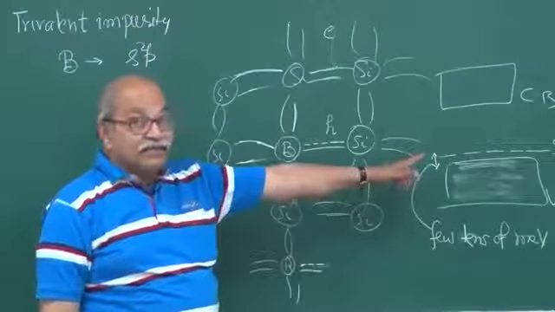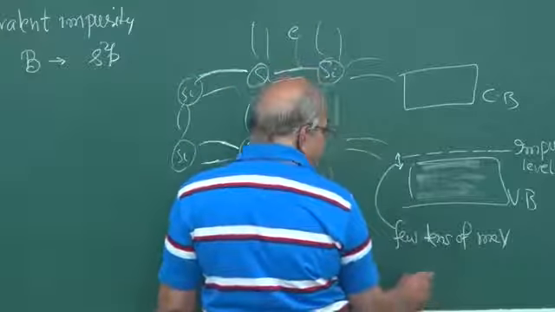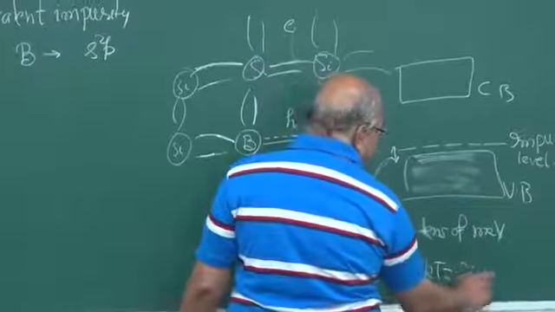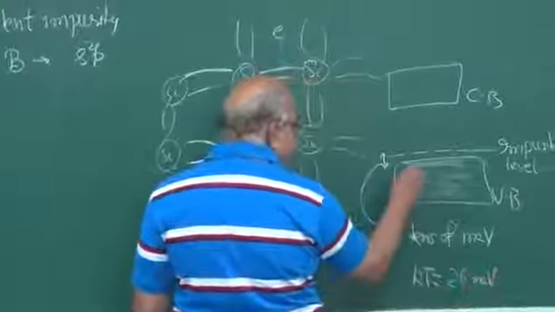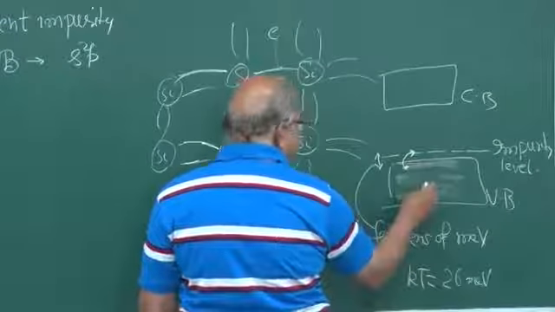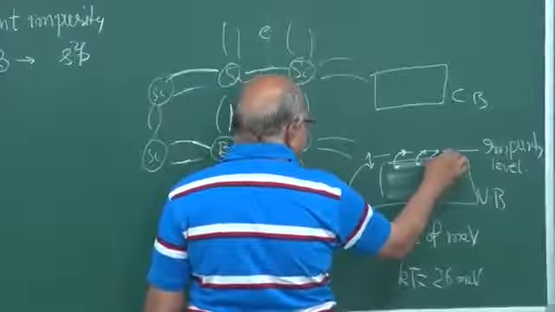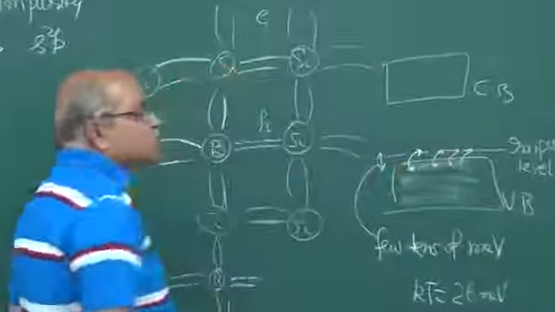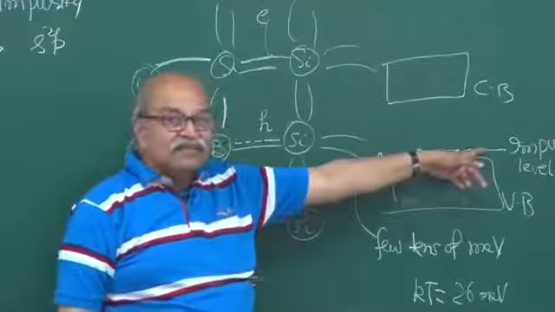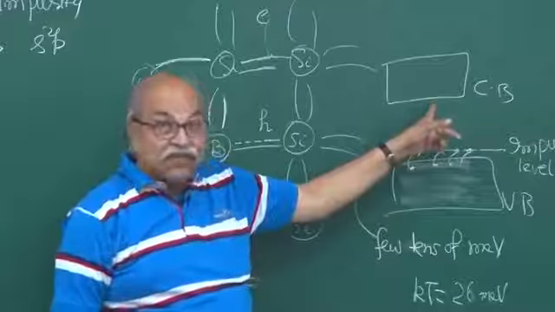Empty states are there, remember. And since this is only a few tens of meV and kT is 26 meV, very easily through thermal interactions, these valence electrons will fill these empty states. There are many quantum states, although the energy is the same, and it's not broadened also. It's a quite sharp energy level here. In n-type also there was a sharp energy level here. Why sharp?